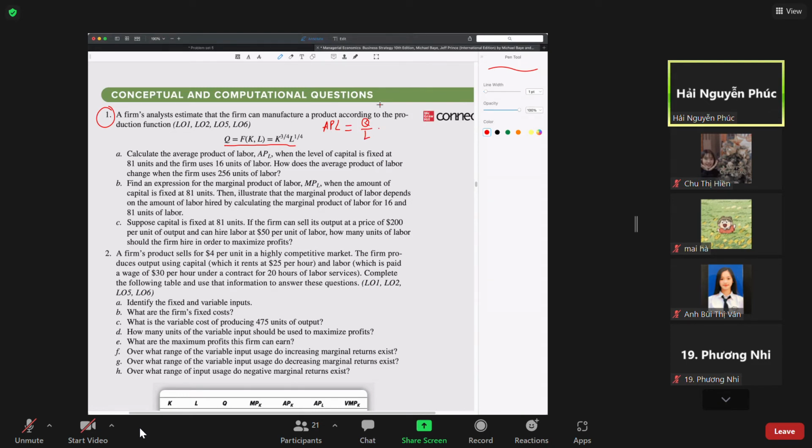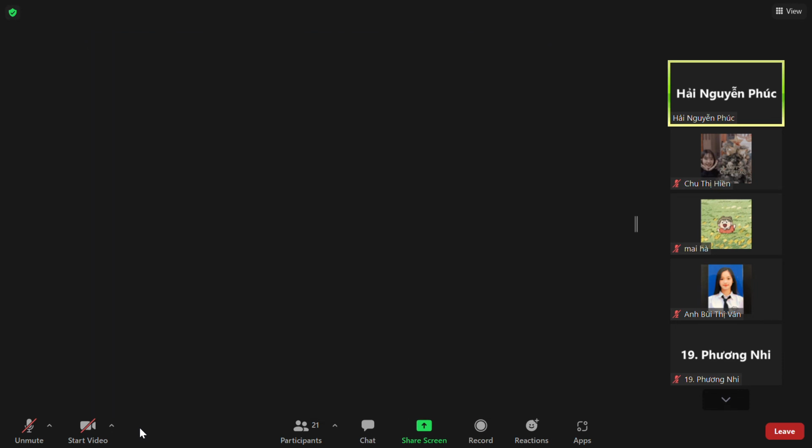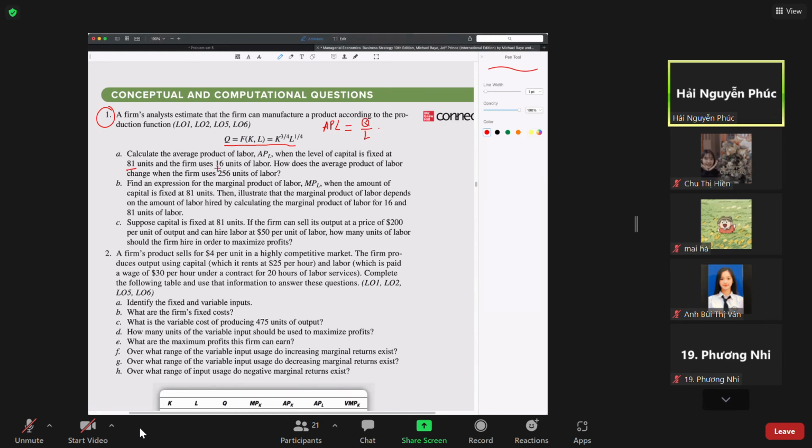And of course, you can see that you have full information to compute the output because they say that capital is 81, labor input is 16, and you plug into the formula, we will get Q and divide by 16, which is the labor input, right? I'm not going to do the computation. I just want to explain how to do it.